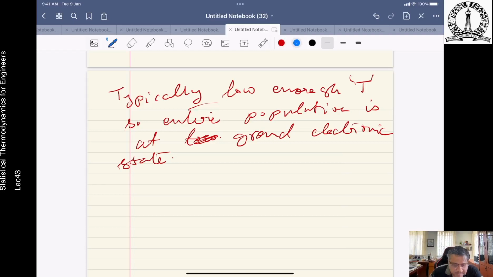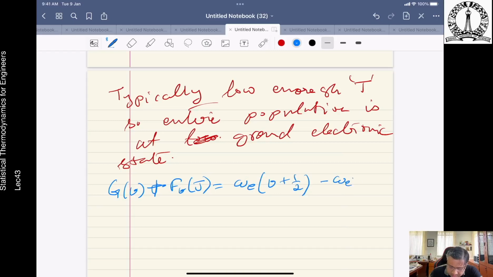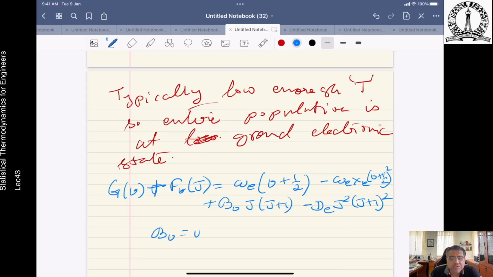Therefore, what we need to do is G_v plus F_vJ equal to omega_e (v plus half) minus omega_e x_e (v plus half) square plus B_v J(J plus 1) minus D_v J square (J plus 1) whole square. B_v is equal to B_e minus alpha_e (v plus half).